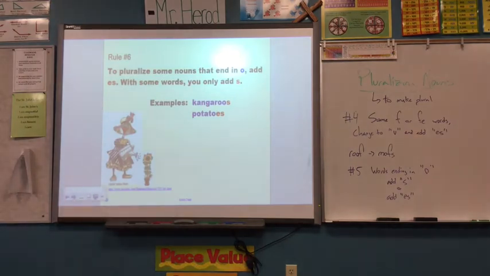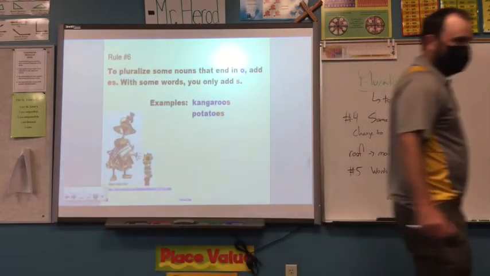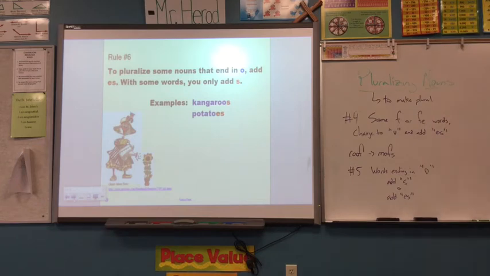That's the rule. Isn't that a terrible rule? Totally unhelpful. Those are the two endings we're adding anyway. They always end in S or ES. It's one of those where you just gotta know them.